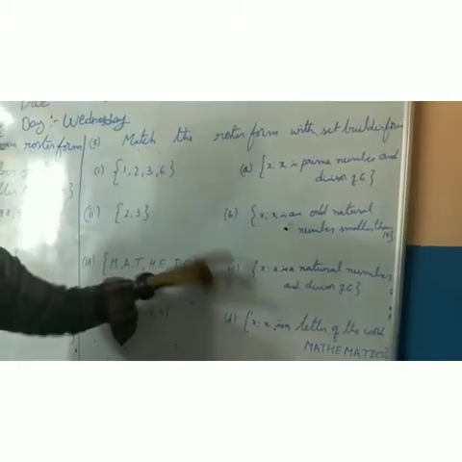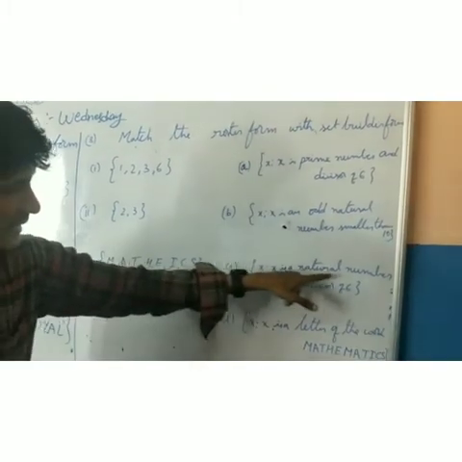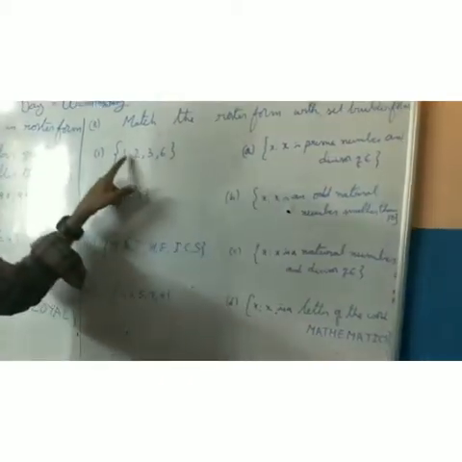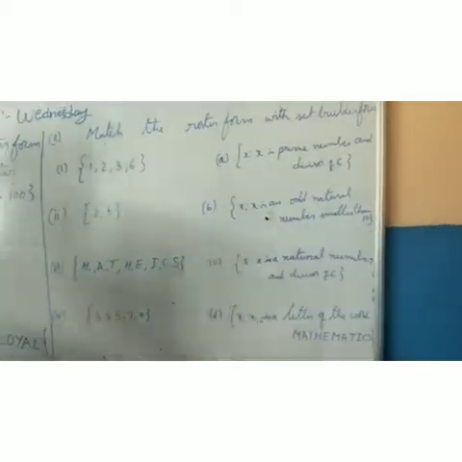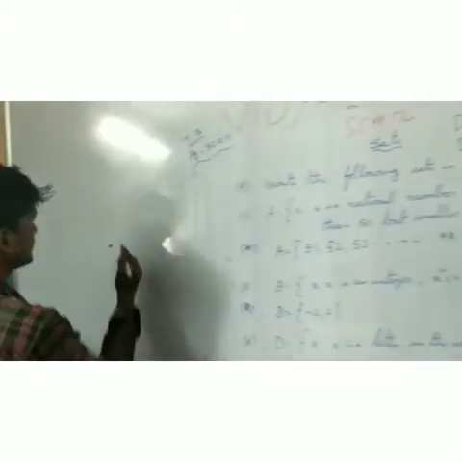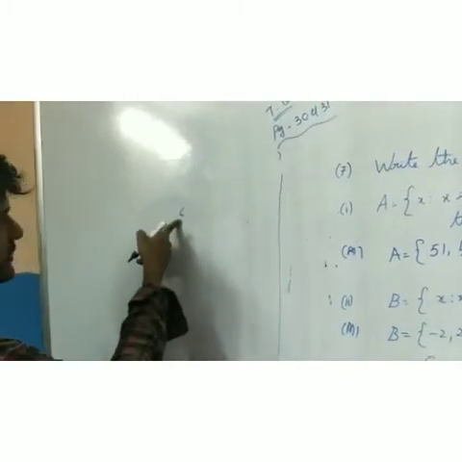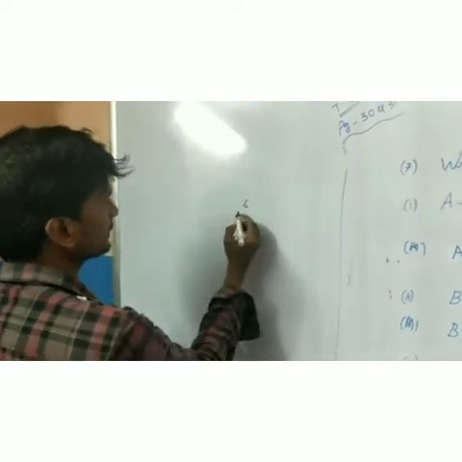followed here. Next one. x such that x is a natural number and a divisor of 6. Divisor of 6 means, see here, 1, 2, 3, 6. Divisors and factors are both the same only. So which are suitable for us?